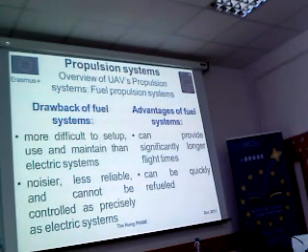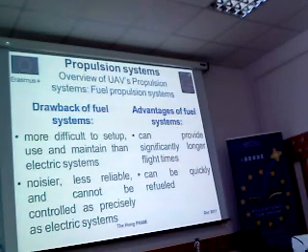So the fuel control system is more difficult to set up, use, and maintain than the electric system, because it has a complicated structure. It's noisier, less reliable, and cannot be controlled as precisely as the electrical system. However, the advantage is it can provide a longer flight time, because it can produce more energy, and it can be quickly refueled, because you just put the gas inside the tank.